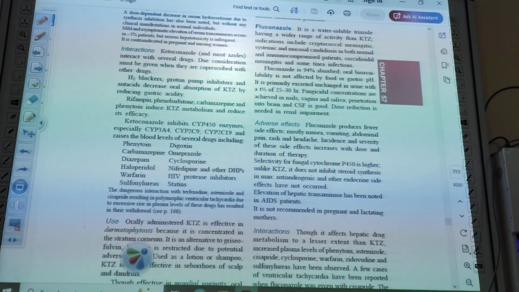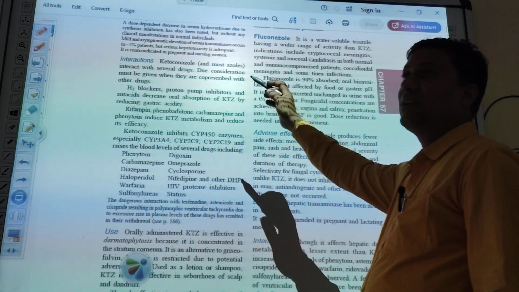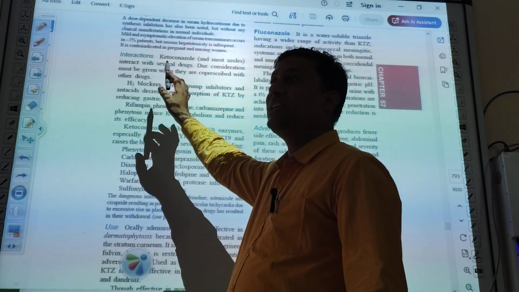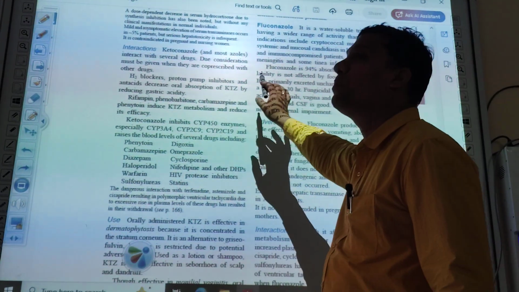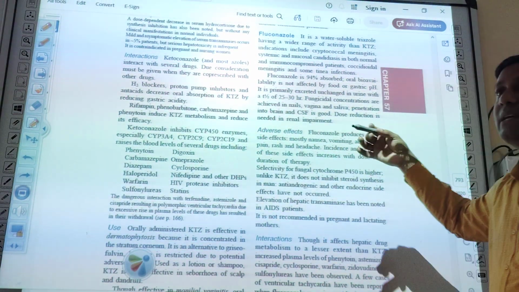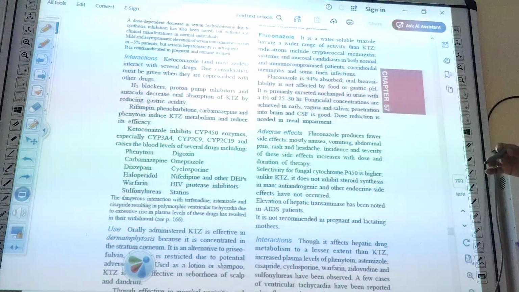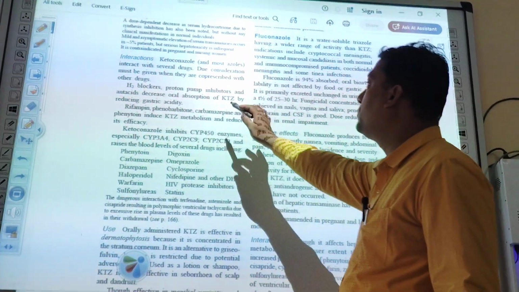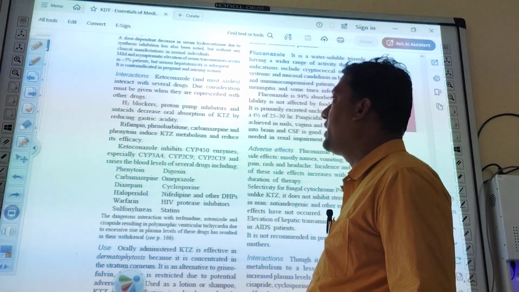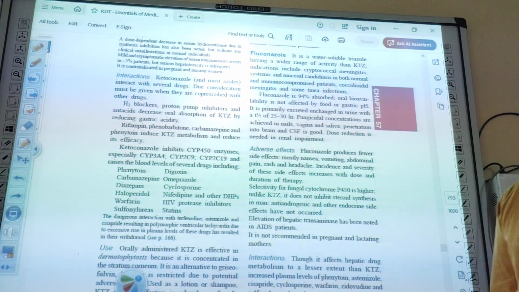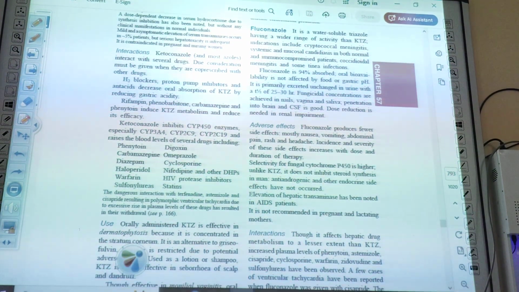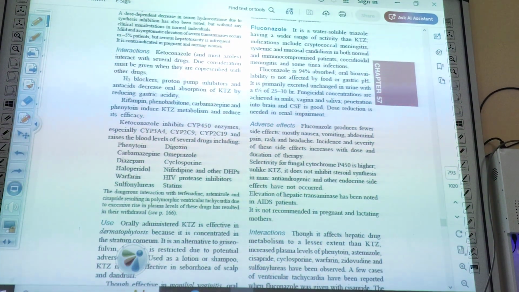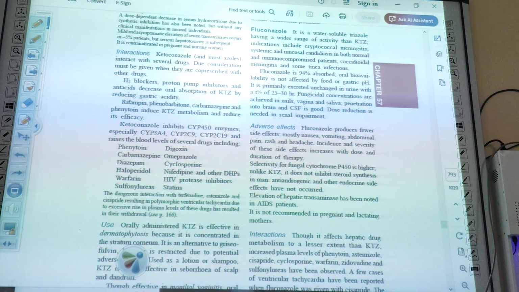Okay, H2 blockers. What are H2 blockers? Ranitidine, famotidine, cimetidine. These are H2 blockers. Proton pump inhibitors, omeprazole, pantoprazole, and antacids decrease oral absorption of ketoconazole by reducing the gastric acidity. It was described a few moments before that ketoconazole is readily absorbable in acidic medium.